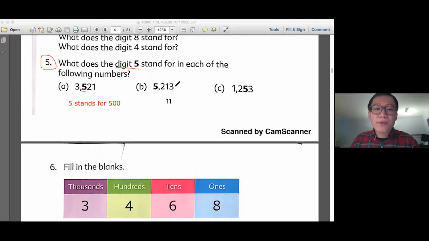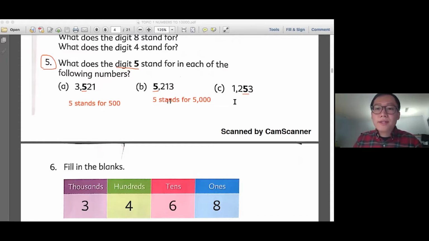Now let's look at B. In part B, 5 is in the thousands place. So this 5 stands for 5,000. Let's look at part C. In part C, 5 is in the tens place.